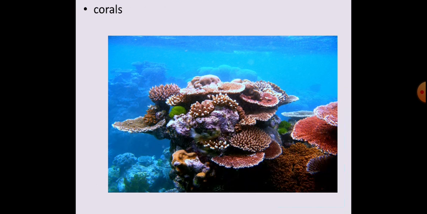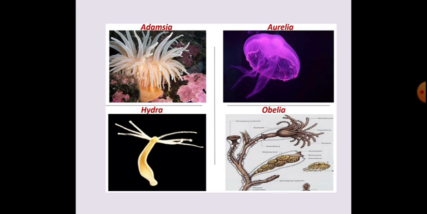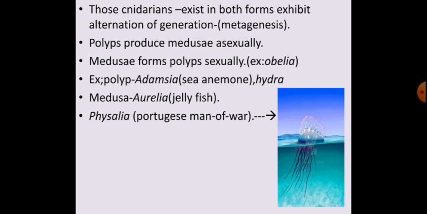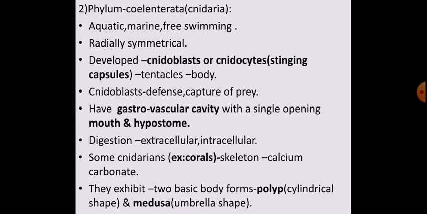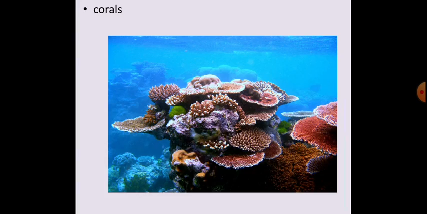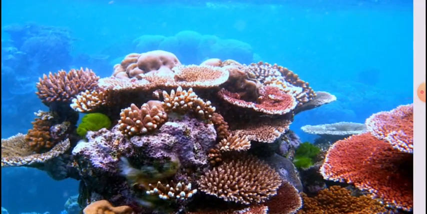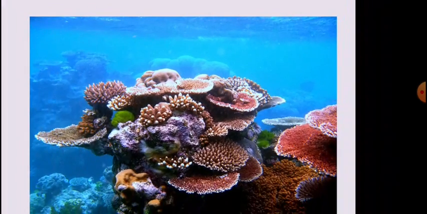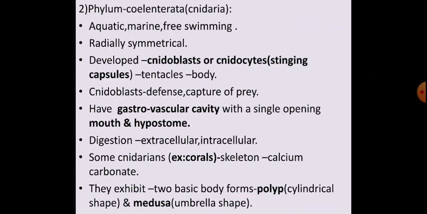See examples. These are examples of phylum Coelenterata. One example is corals. You might have seen corals in Discovery channels or in movies. Some cnidarians are called corals, where their skeleton is made up of calcium carbonate.